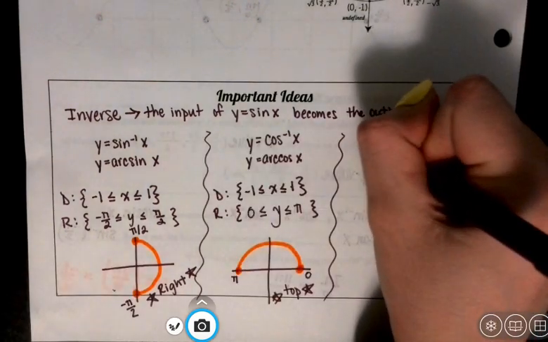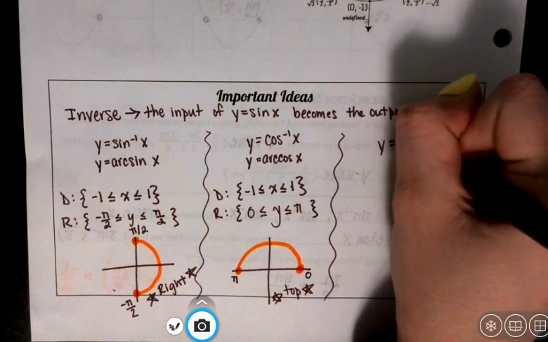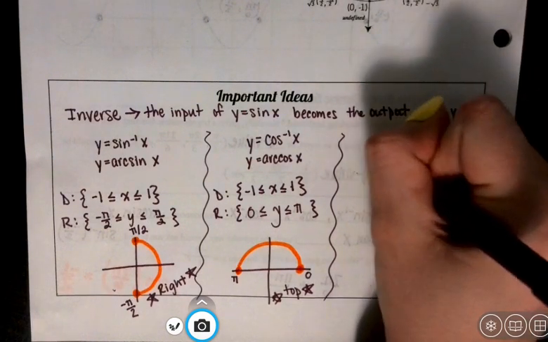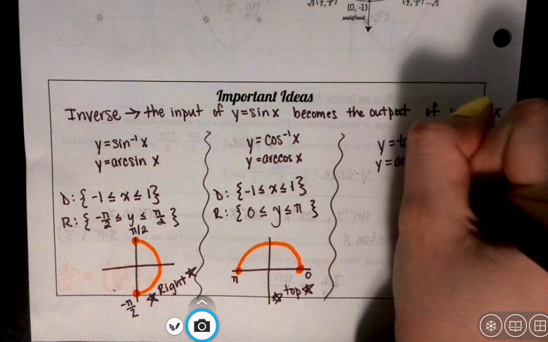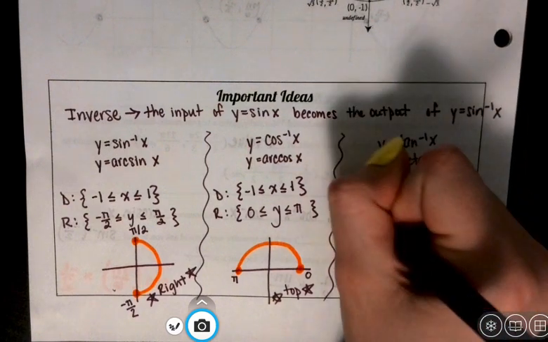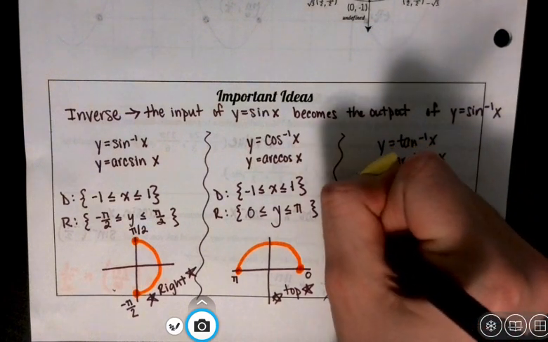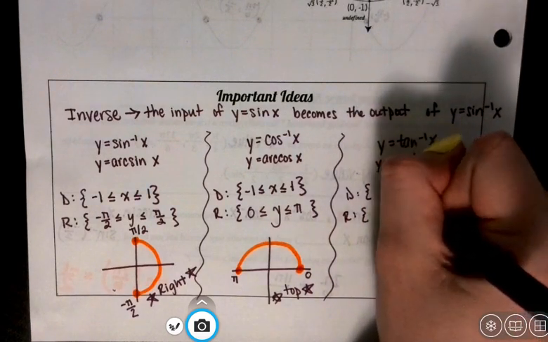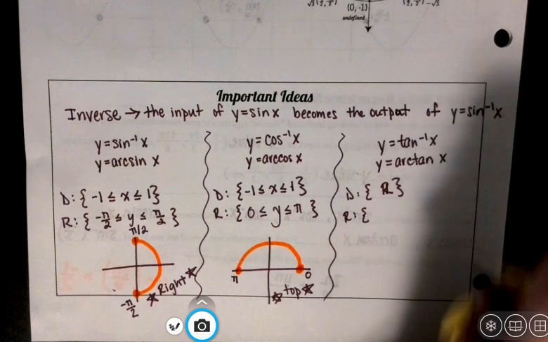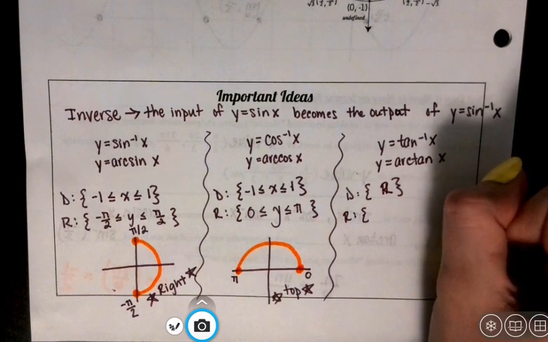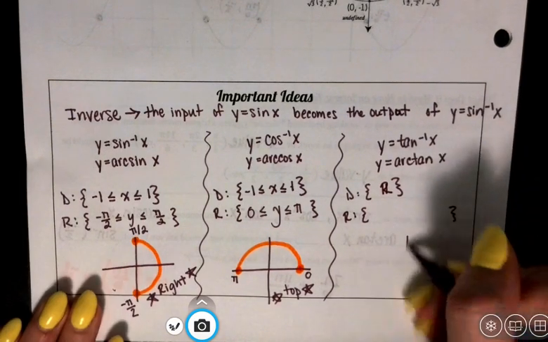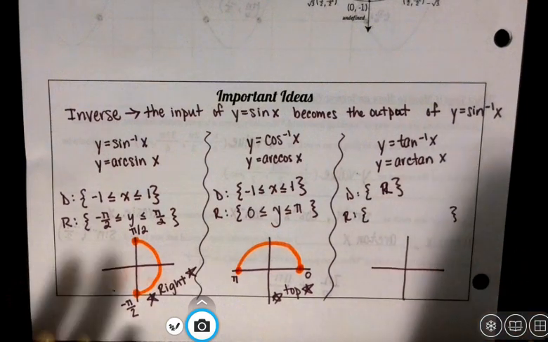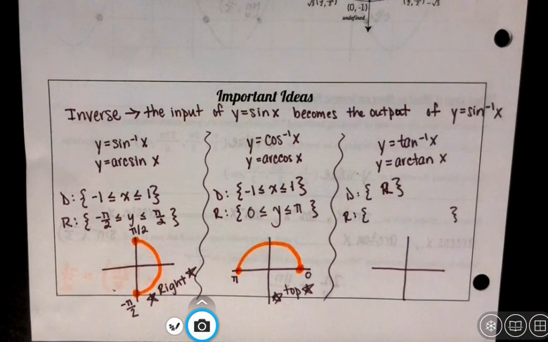For the last one, we have both versions of our tangent that we're going to include. Our domain for arctangent is all real numbers, and our range we'll include in a second. So for this one, it was a little tricky, so I'm going to grab my unit circle because I do want to explain this a little bit.